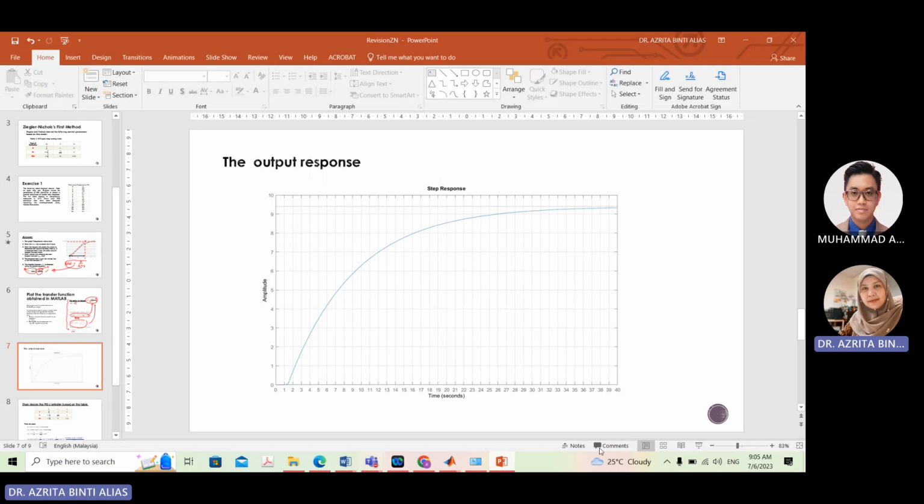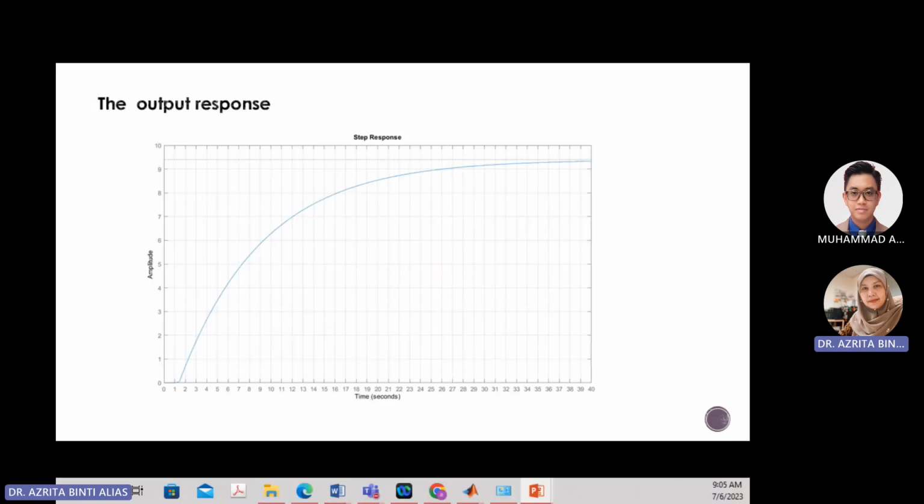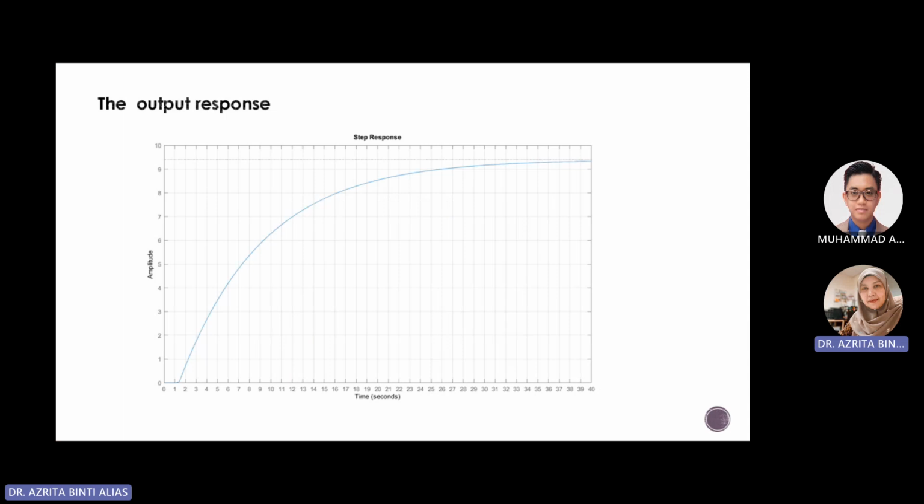Okay, next we continue our discussion about the Ziegler Nichols using the first method. So this is the MATLAB coding to display the output response with time delay. If we observe the output response here, we have a delay from 0 until 1.4.